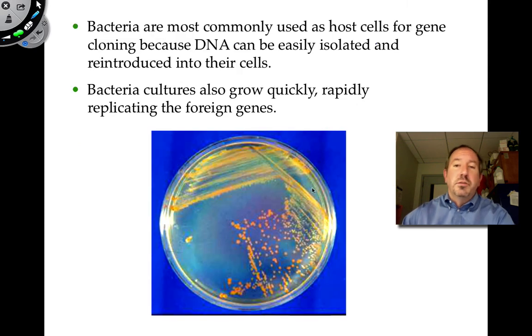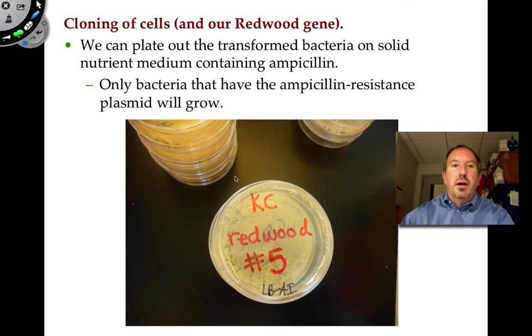And then we just simply, maybe not simply, but we grow bacteria on agar plates. We're going to be able to grow this bacteria, and if it grows, as you can see here, these bacteria that are growing on this petri dish with agar actually have Redwood DNA in them.